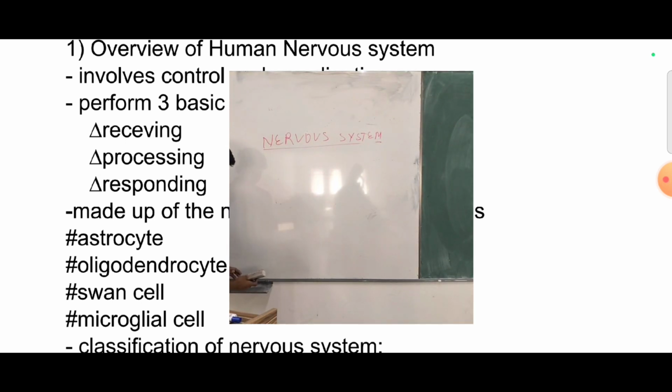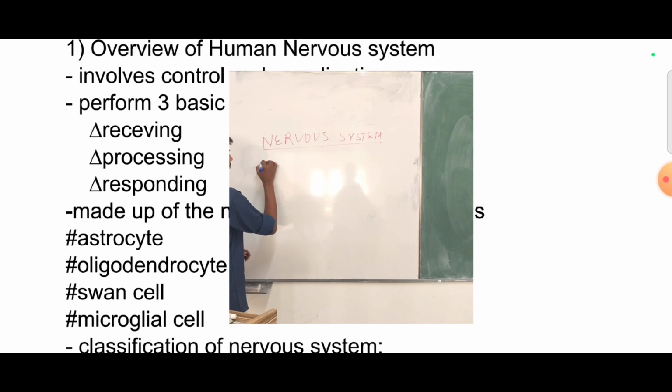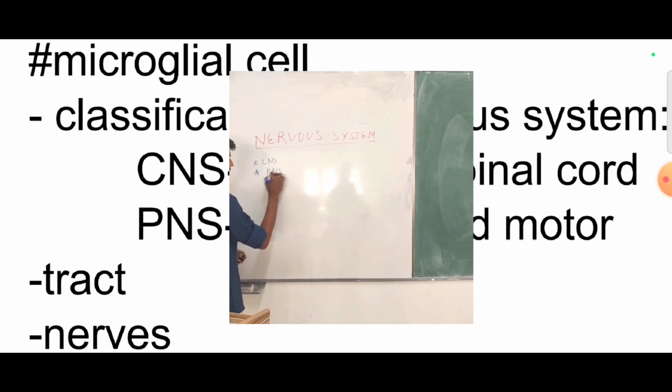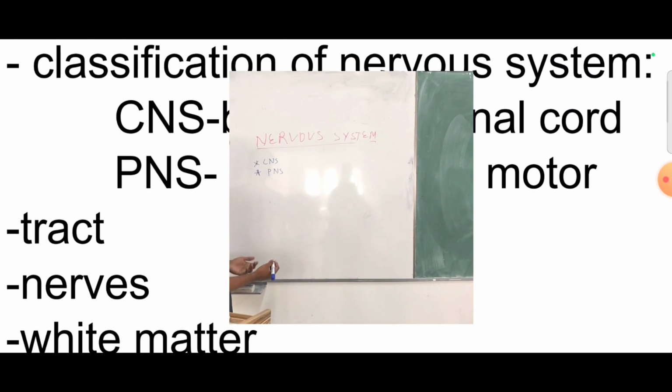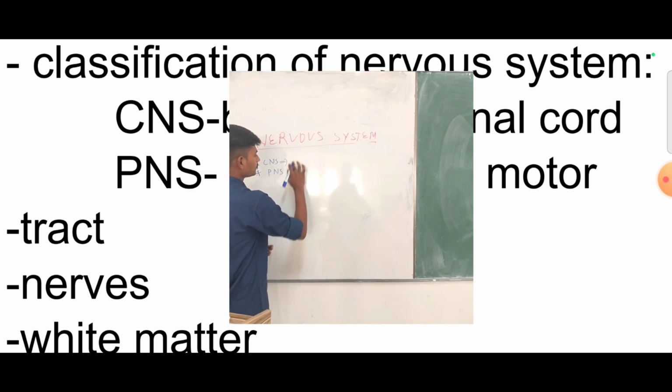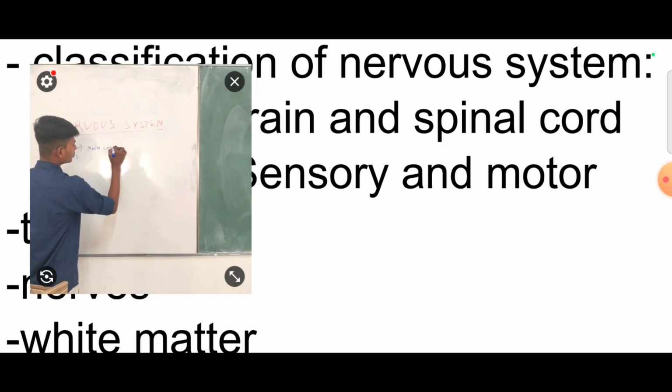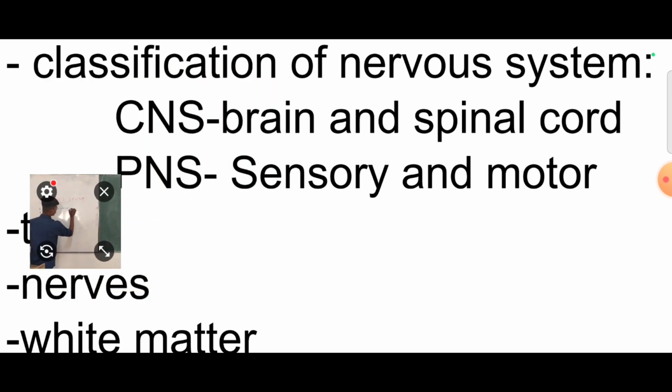See, the first thing we should know is what the central nervous system is. We already understood it. Okay, we understood about the peripheral nervous system. If you ask me to define the central nervous system in one word, it is basically the main control and command organ.